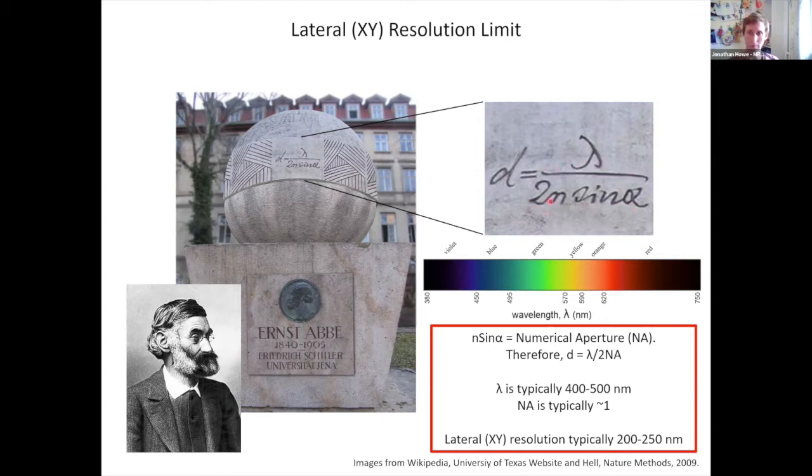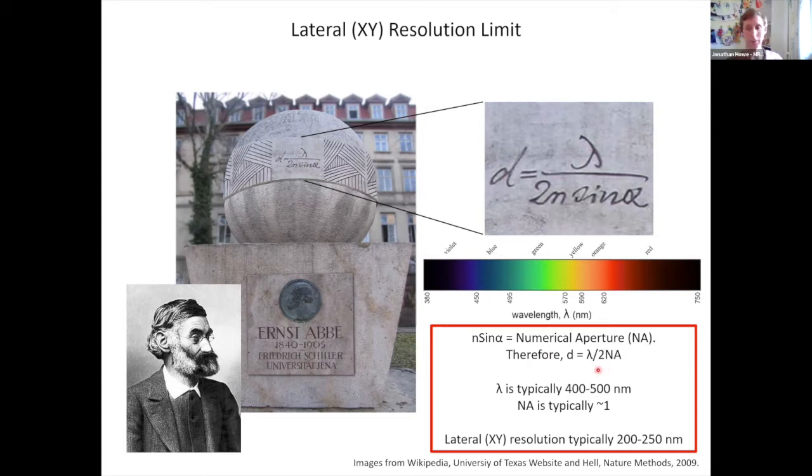This term n sine alpha, which is the refractive index times the sine of the half angle of collection, is also known as the numerical aperture. If you're interested in the numerical aperture, which is the light gathering ability of the lens, you could look at Nick's talk earlier in the series where he describes this. But essentially, if we substitute this NA into this equation, we end up with lambda over 2NA.